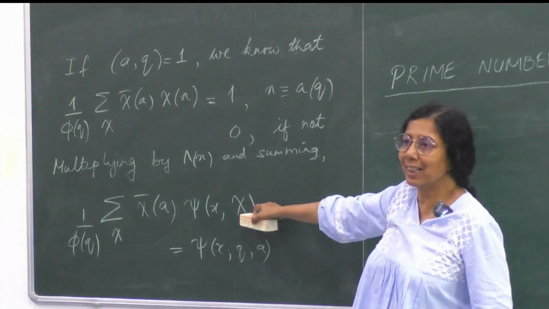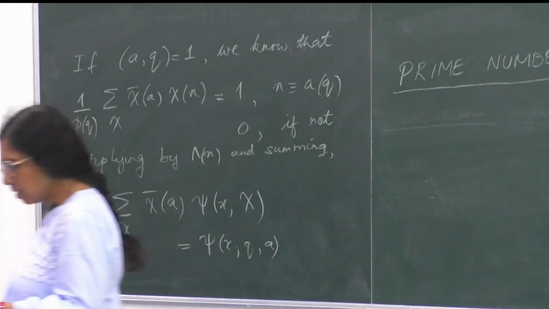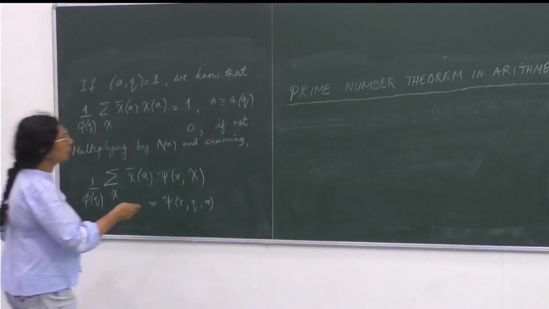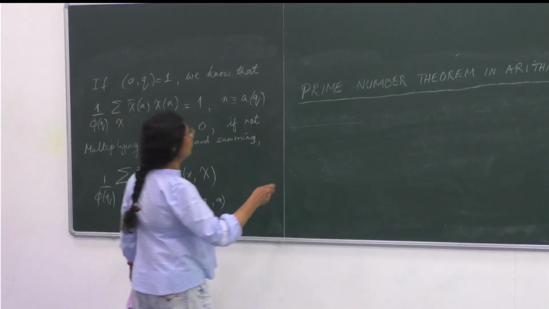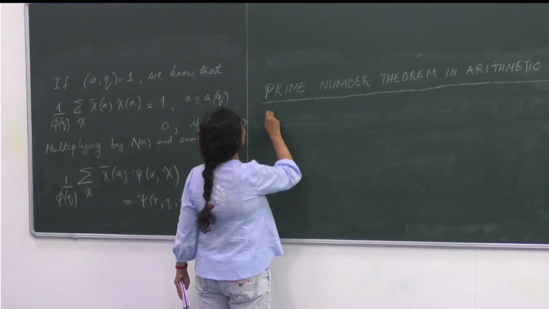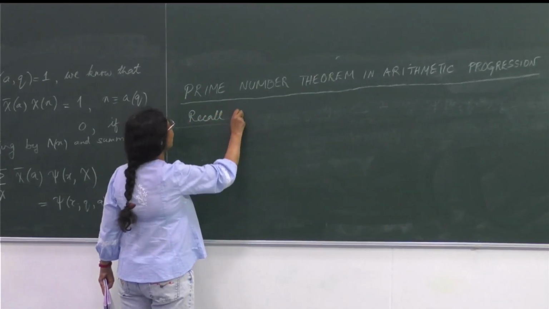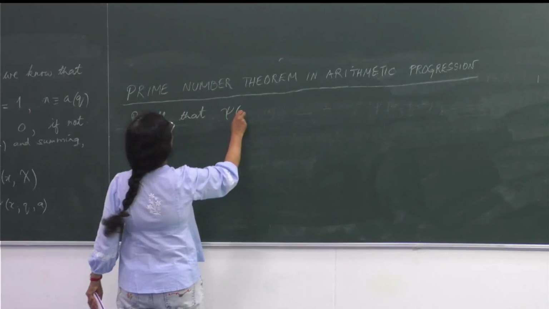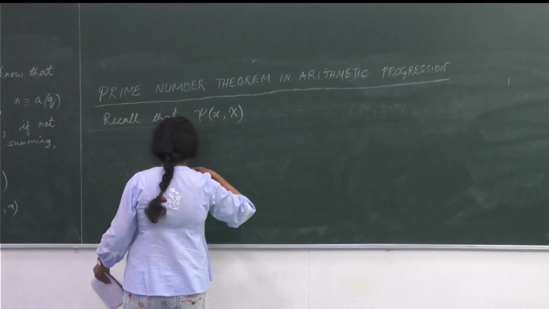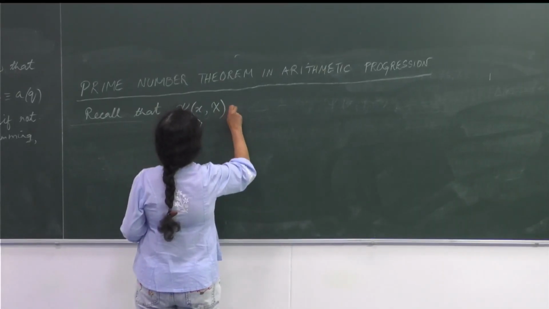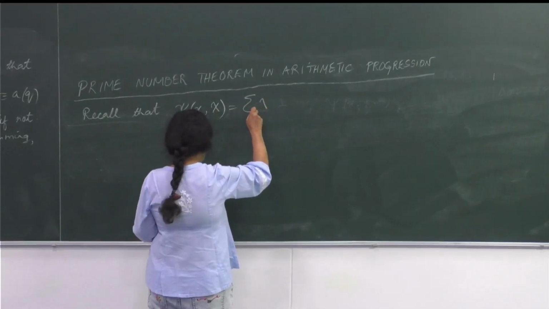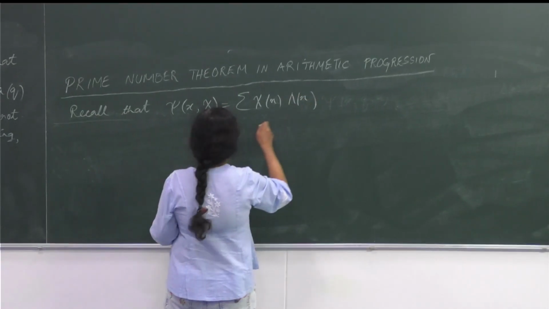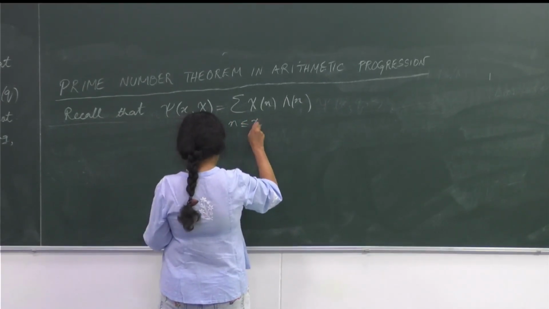You remember this, psi of x chi? This is the sum of chi n lambda of n, where n is less than or equal to x.